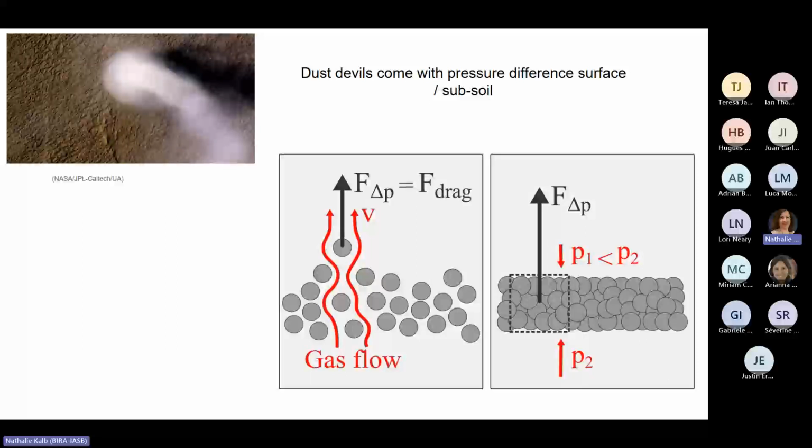And the question is, if you have a few Pascal in the minimum and then it moves over the ground and you have a few Pascal more below the surface, you will have some gas flow. Is the drag enough? Or in a more compactified surface, can you increase the pressure so much that you have some support for this layer that it can kind of erupt just due to the pressure difference?